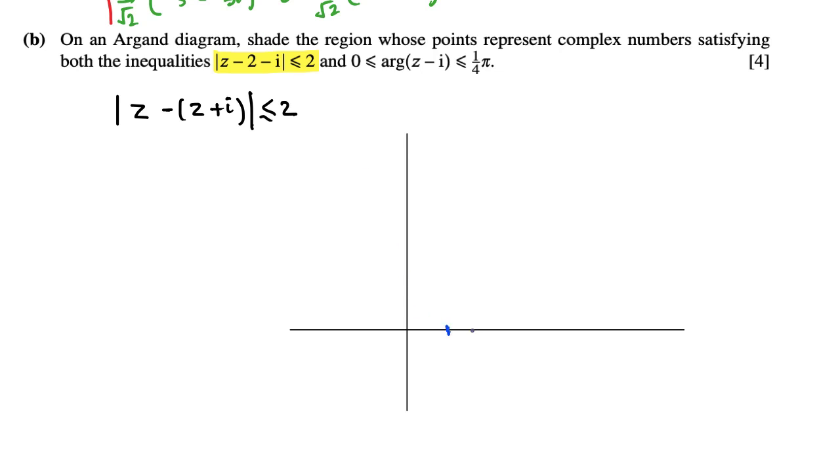Let's suppose this is my 1, 2, 3, 4, 5, 6. This is my Re z, meaning the real axis of z, the real part of z, and this is my Im z. I'm just marking it approximately.